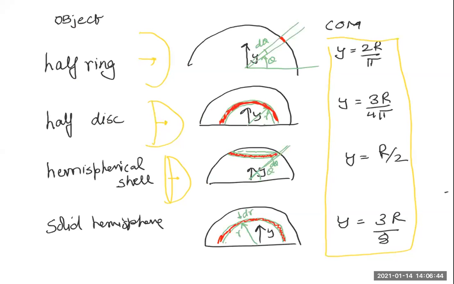Then for various objects, we have found the center of mass. Now these four values have to be unfortunately remembered. I hope you are already beginning to understand that after 6 months, there is no way you are going to remember all this mathematics, the proof. उसके लिए तो आपको फिर से revision करना ही पड़ेगा.